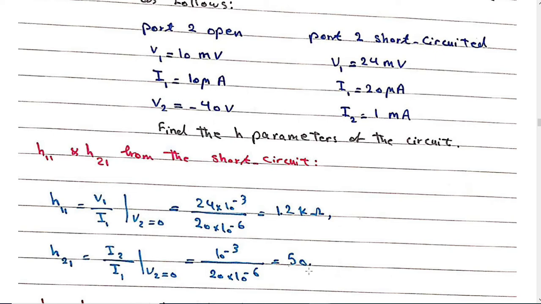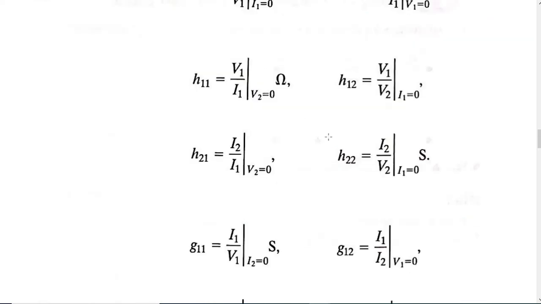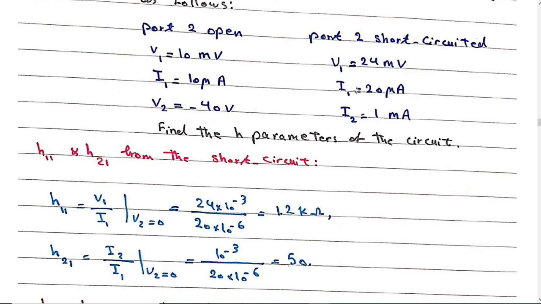How about H22 and H12? H22 is I2 divided by V2 when I1 is 0. How do you calculate that? We don't have any measurements over here to give us the values when I1 is 0.